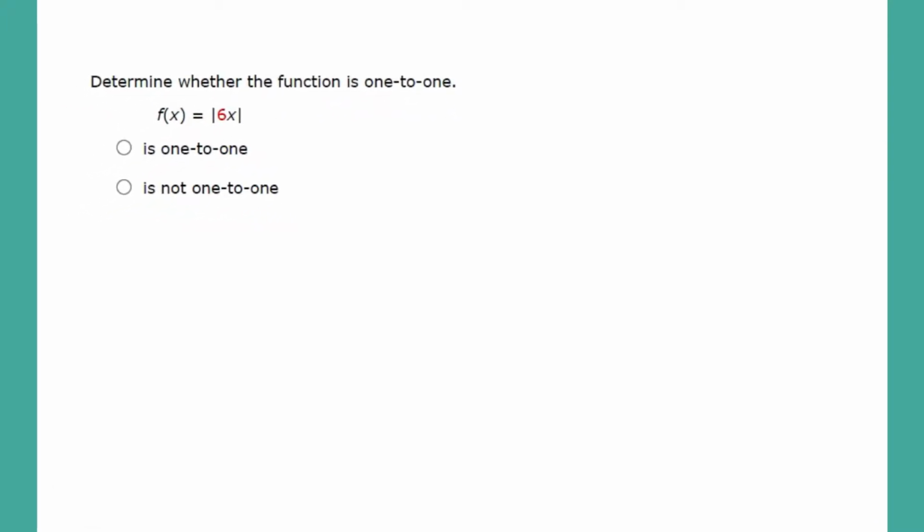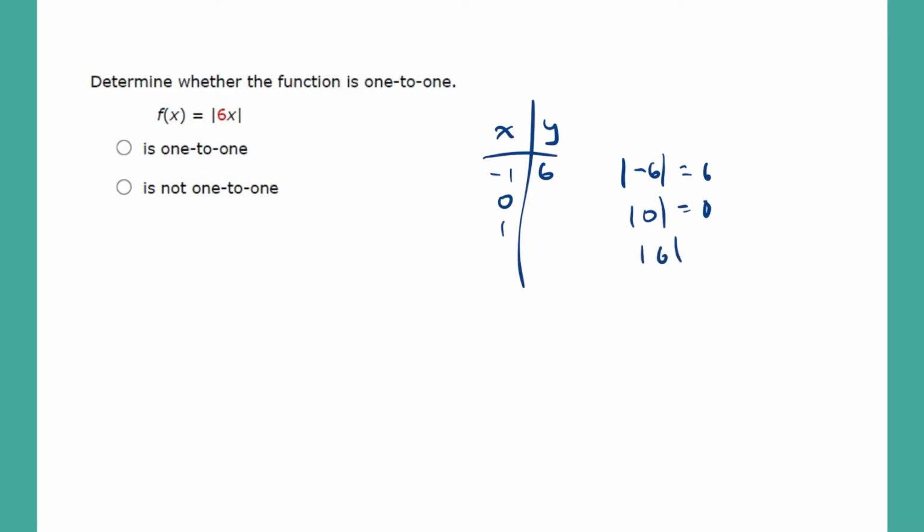Over here, same question, but they give you a function, and we need to graph it. Well, you can do an XY table if you'd like. I'll do -1, 0, 1. So the input is -1. If you plug in -1 for x, you're going to get the absolute value of -6, which is 6. If you plug in 0, you're going to get 0. If you plug in 1, you're going to get 6.